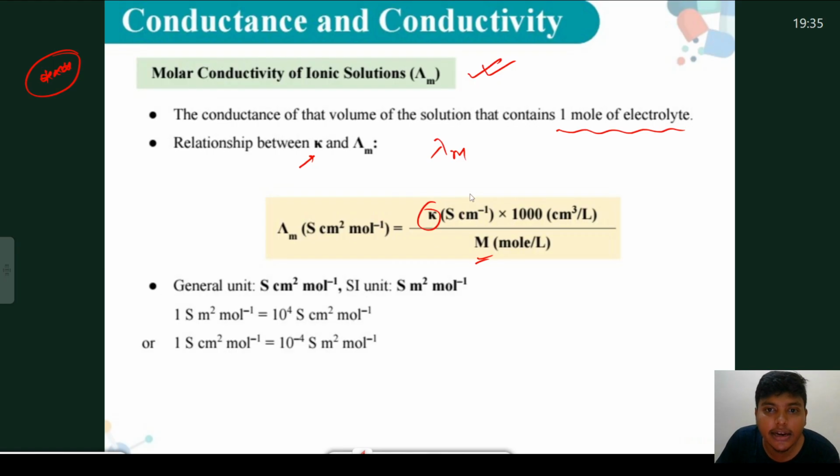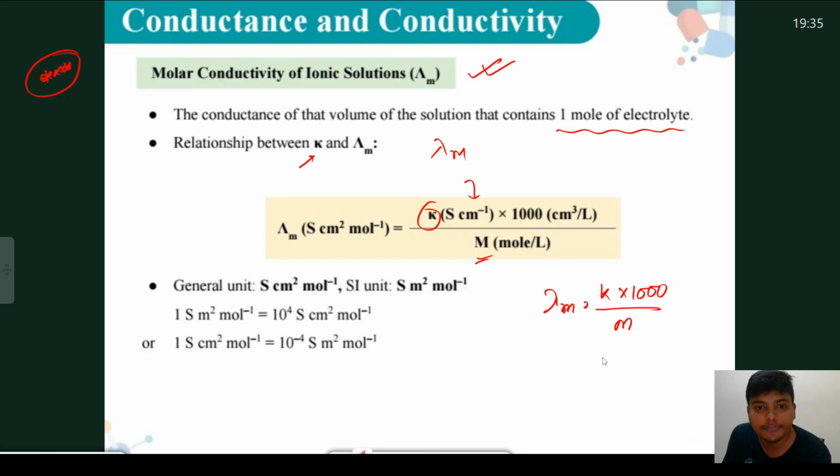Now, this we are calculating in centimeter, and cubic centimeter means ml, so we have to multiply with 1000, right? So remember the simple formula: lambda m is equal to kappa into 1000 divided by concentration. Now the concentration is given in molarity. Clear?